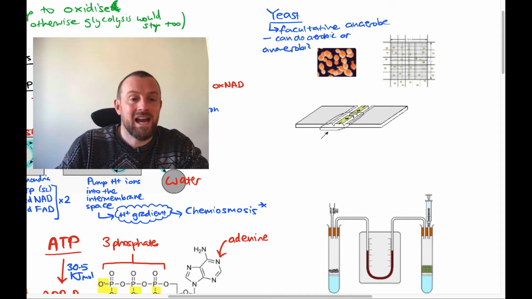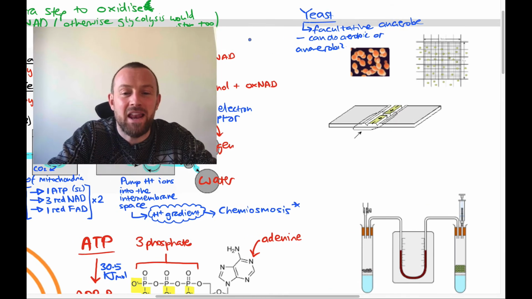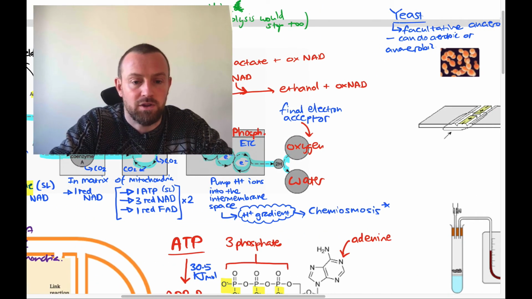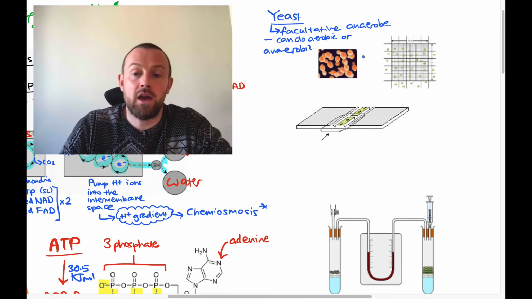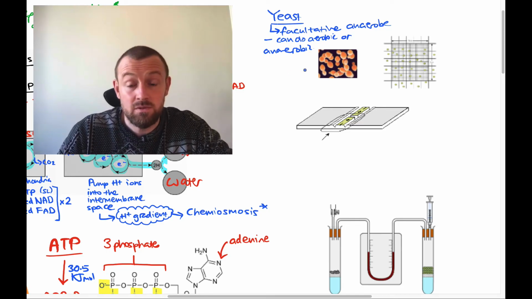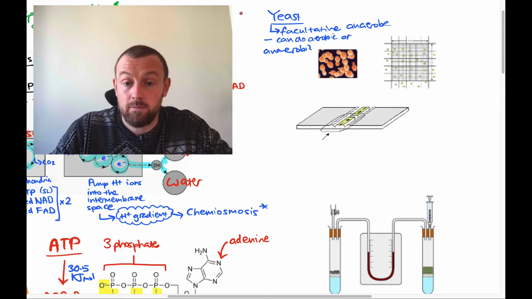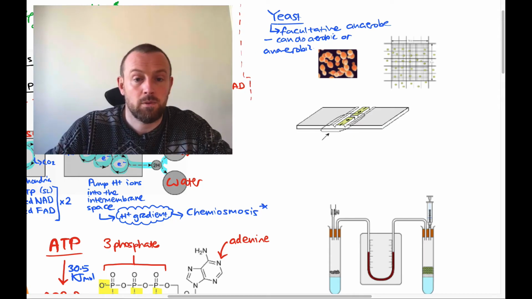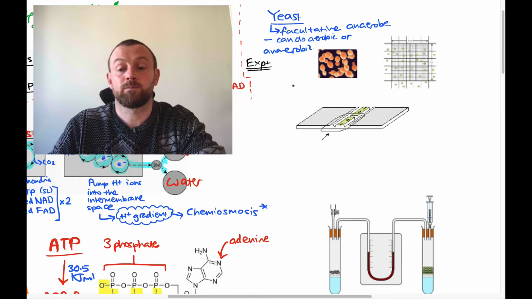So one way to test the different energy yields of respiration, we talked about low yield versus high yield of ATP, is to let yeast grow in either aerobic or anaerobic conditions. So here's an experiment that you could do. I'm just going to try to draw a dotted line down there. I'll switch to black. So let's write experiment.